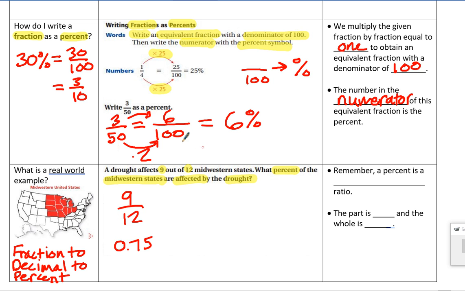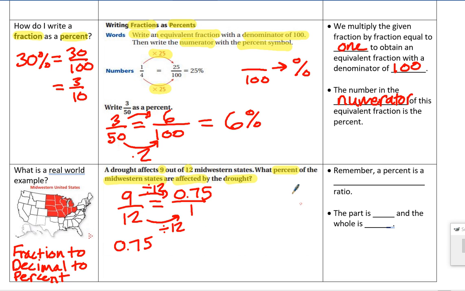Now, the thing is, that's actually the unit rate. If you divide 12 by 12 to get 1, and you divide 9 by 12, you get 0.75. So really, you're finding the unit rate. That's all it is.